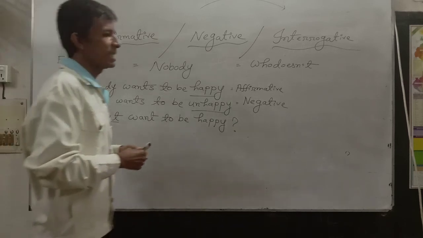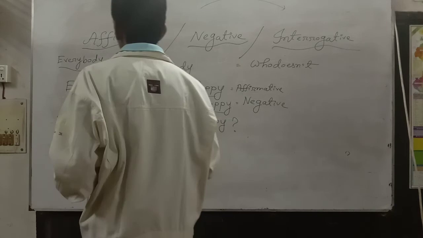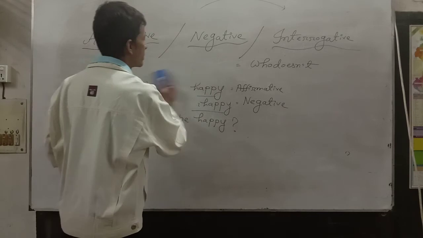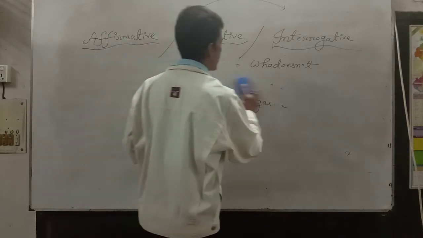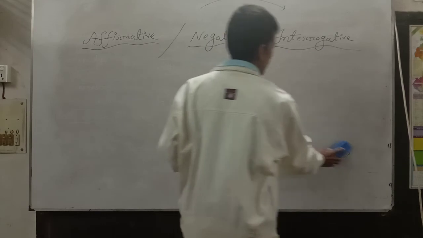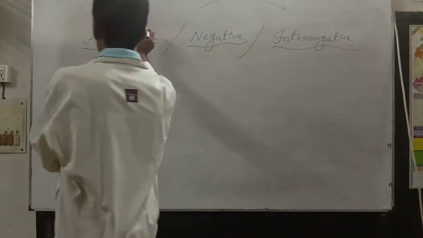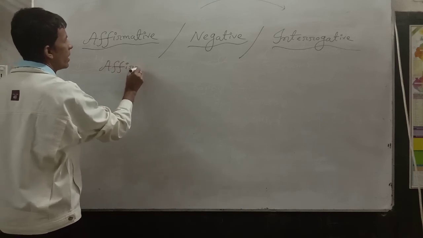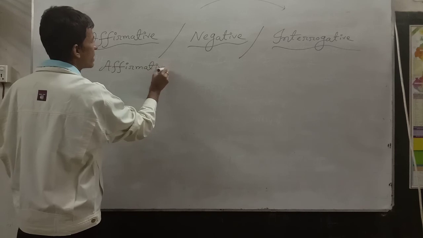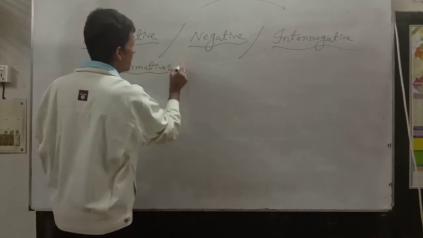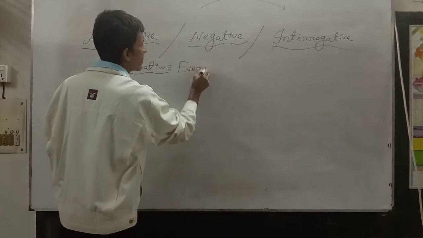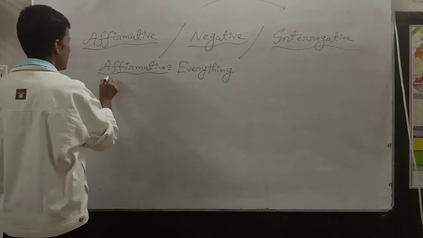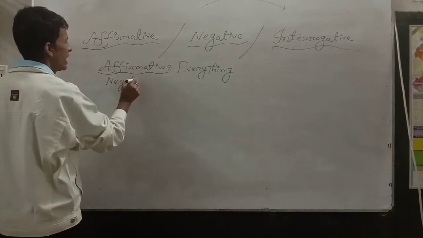And at last, the last example of today's online class is going to be written by me, and this is everything, nothing. Affirmative sentence, including or possessing everything, and in the negative case, you will have to write nothing.